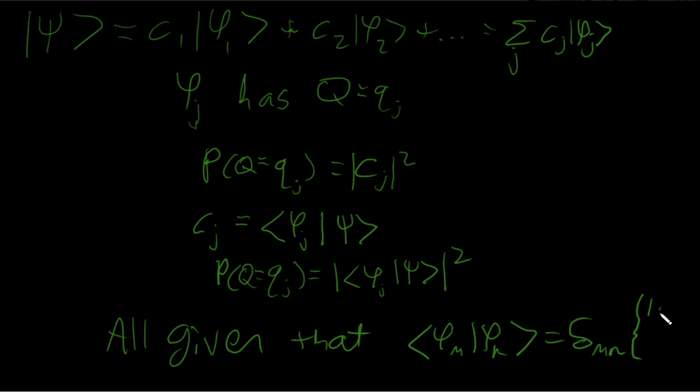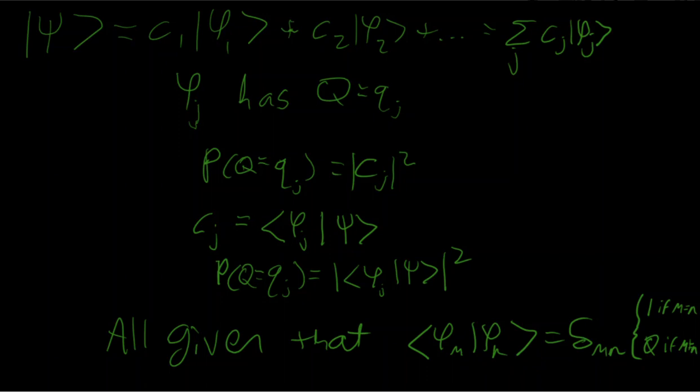This is 1 if m equals n, 0 if m does not equal n. So the inner product of, say, phi1 and phi1 is 1, but phi1 and phi2 is 0. These are just the important things to remember. Hopefully you have that down and this makes sense as a quick refresher on these equations.